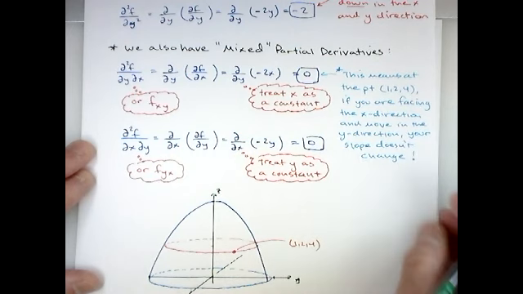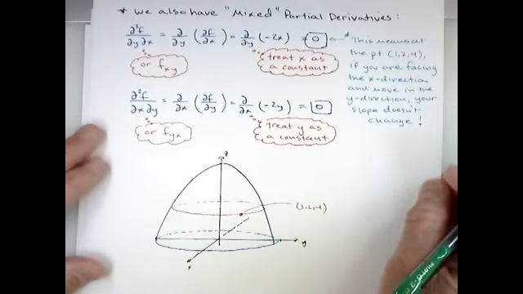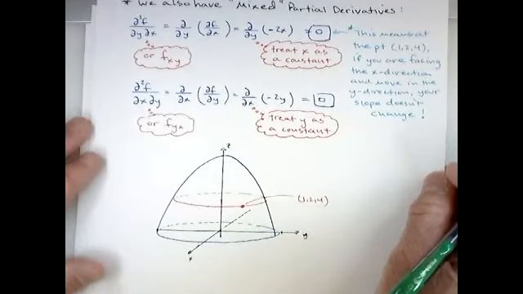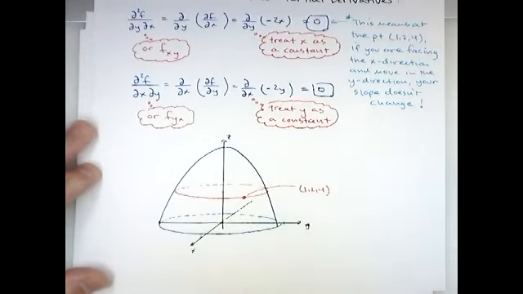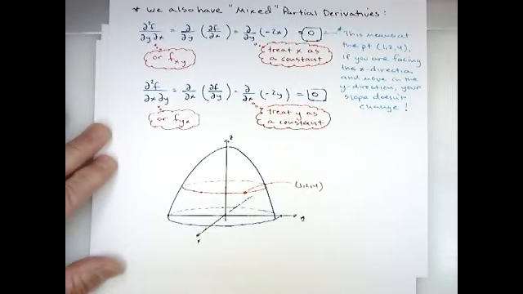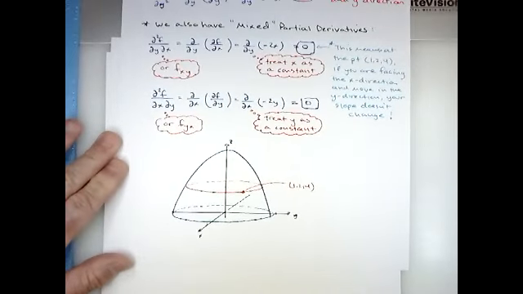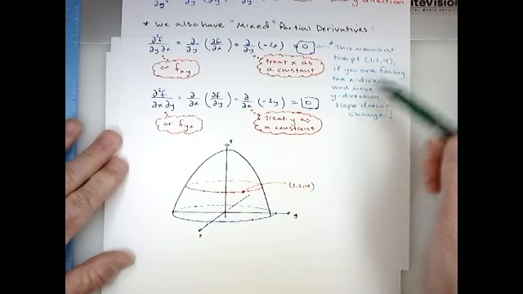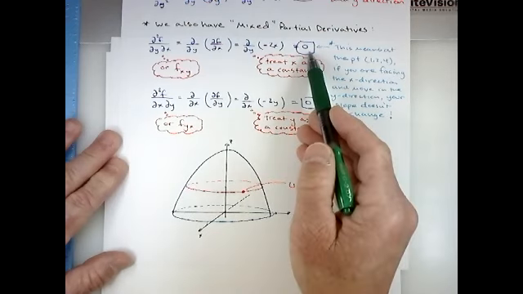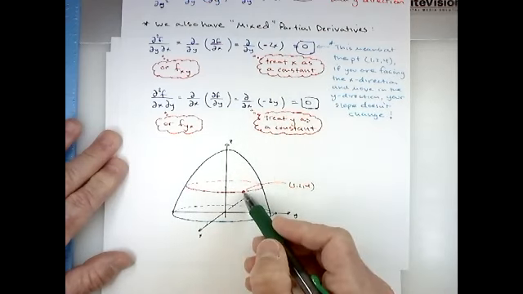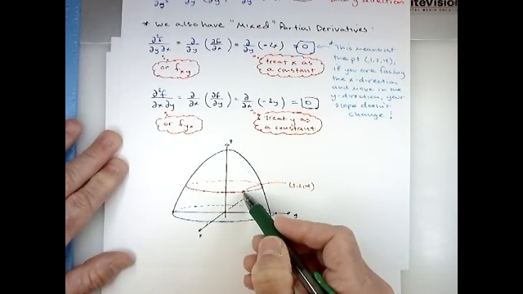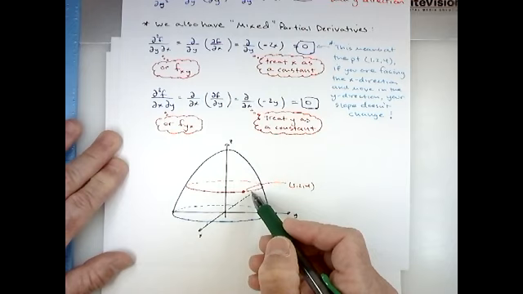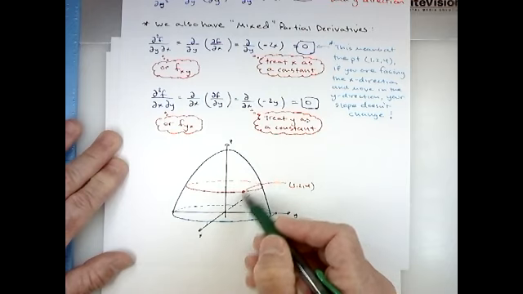What this means, if you're wondering what the physical interpretation of this is: if you're at the point 1, 2, 4, let's talk about this one being 0, and you're facing the x direction, so you're facing the positive x-axis. If you were to take a step in the y direction, you can imagine your slope's negative here, if you're facing the x direction.